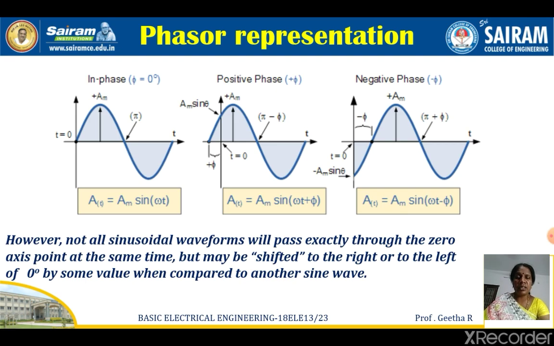So here it is omega t plus 5, here omega t minus 5. That difference of angle with respect to the zero origin, compared with the first one, is called the phase difference.